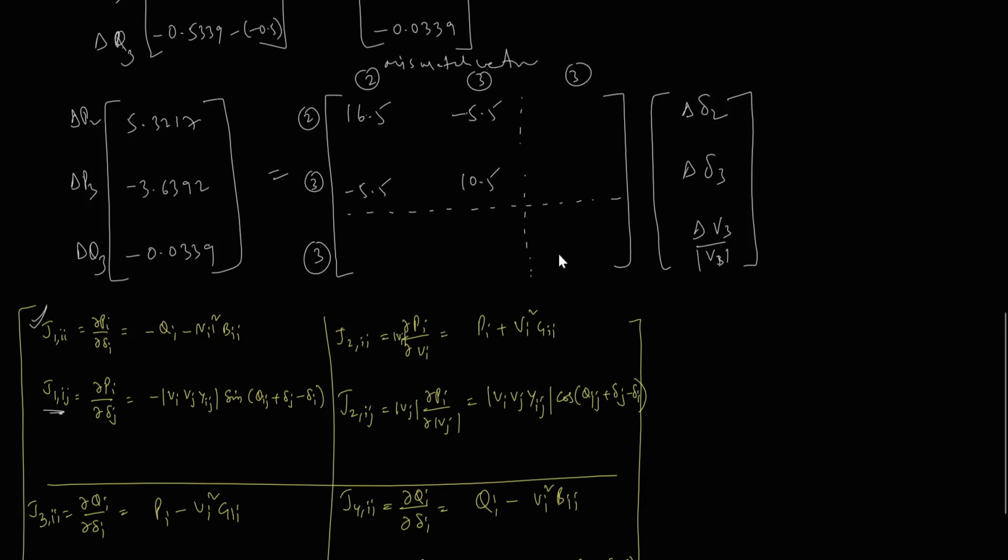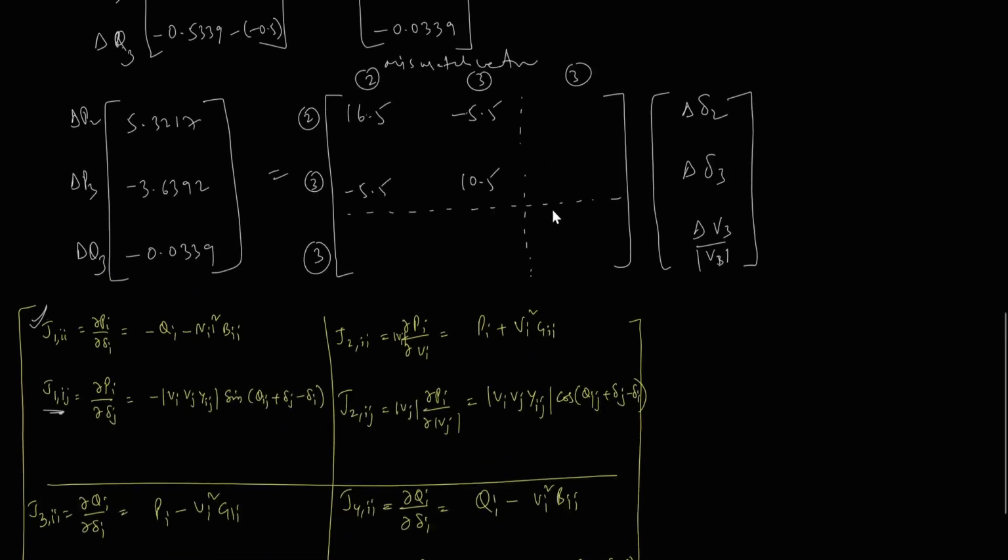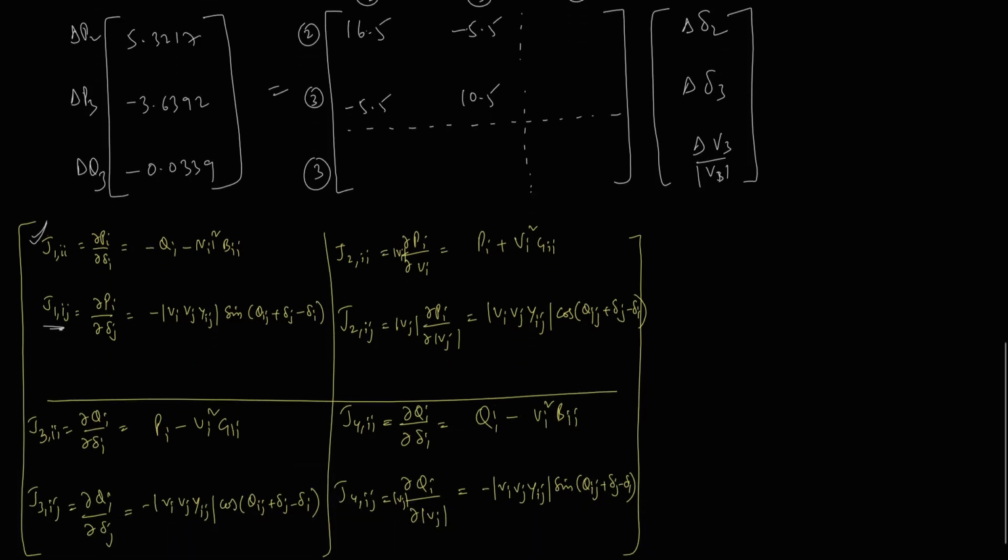Now J4 has only one entry, corresponding to 3 3. So J4 has only the 3 3 entry, and I have to use the diagonal equation. For this element, J4 3 3, i equals 3 and j equals 3. So I have to use this equation, plus Qi minus Vi square Bii, right, plus Qi.